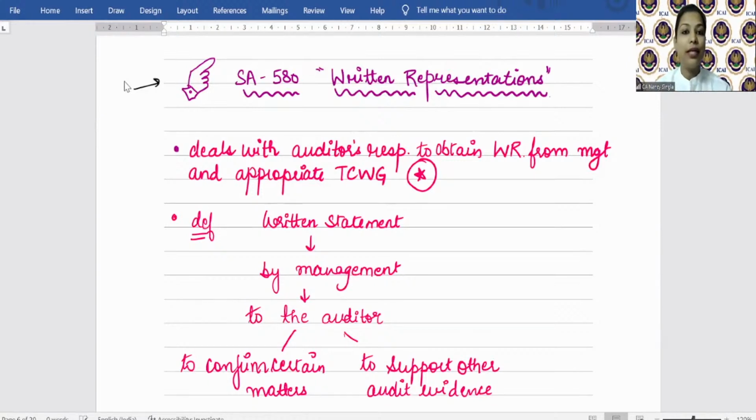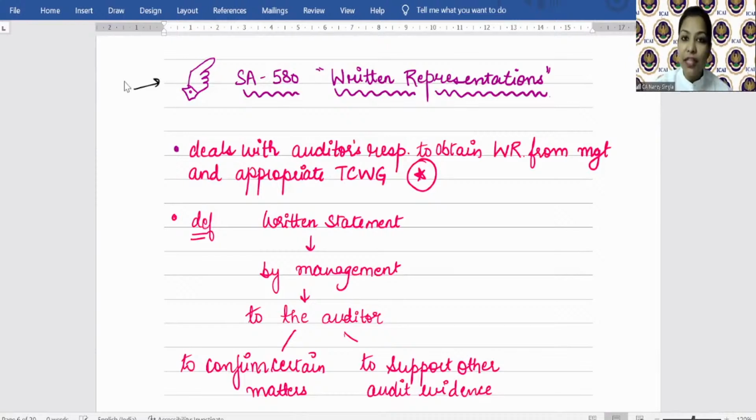Written representations. So first we will discuss this topic in entirety and then I'll take you through the module. First we'll discuss the entire topic of written representation. So what are written representations?